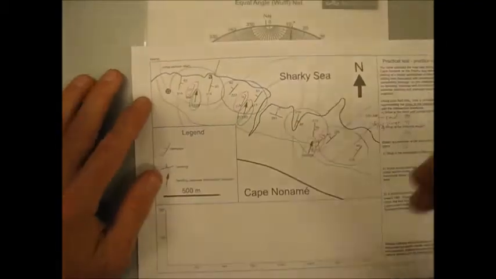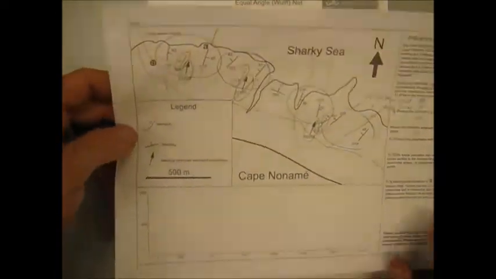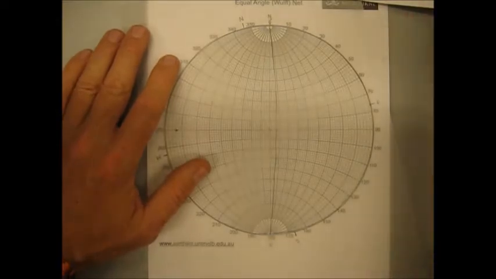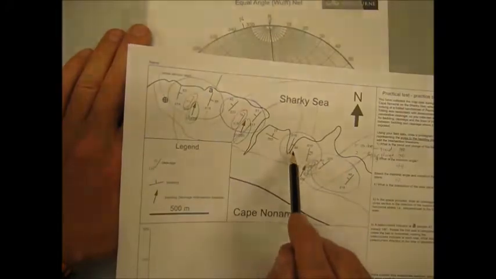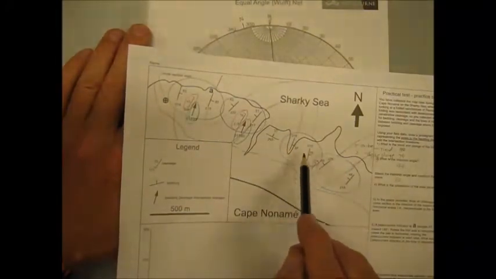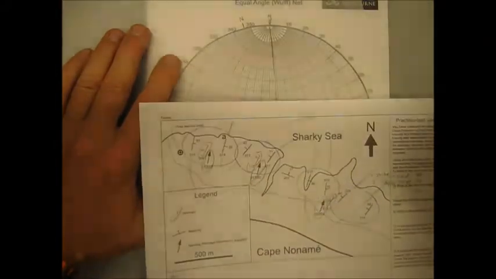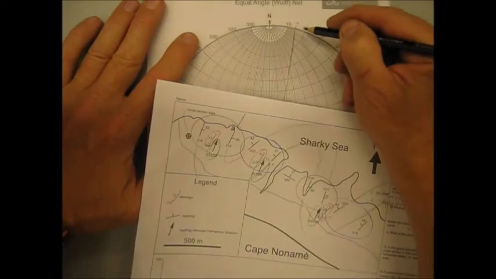Then I look here and I've got another one that strikes 18 and dips 85 to the east. Okay, so what I'm actually going to do is just plot the strikes of all of the east dipping planes and write their dips next to them. Okay, so I've got 18 dipping 85.